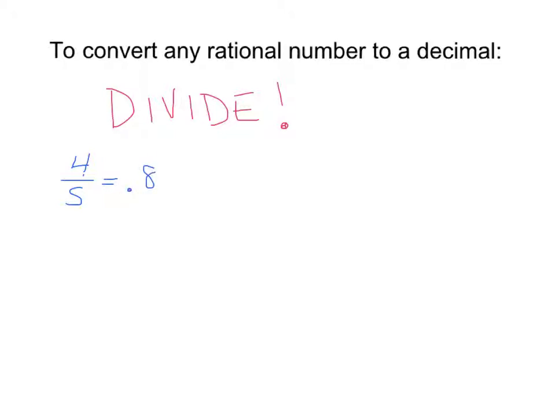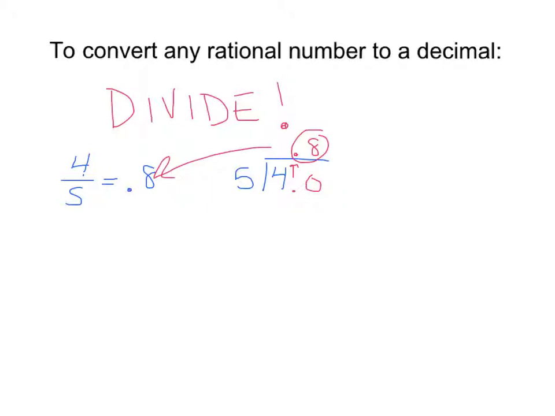Basically all we would do is take the 4 and divide it by 5. So I'll add a decimal here, bring this decimal value up. 5 goes into 4 8 times, which is how I get the decimal 0.8.